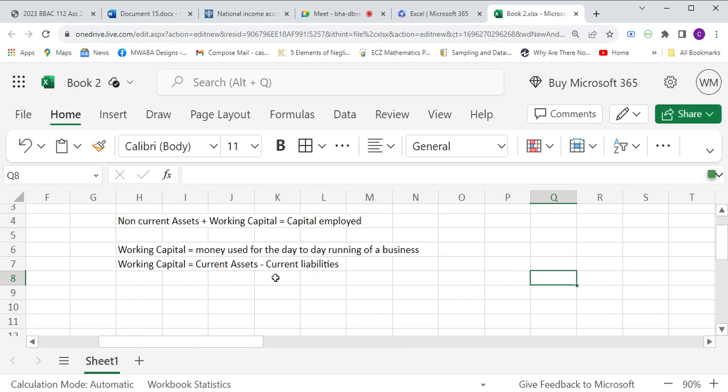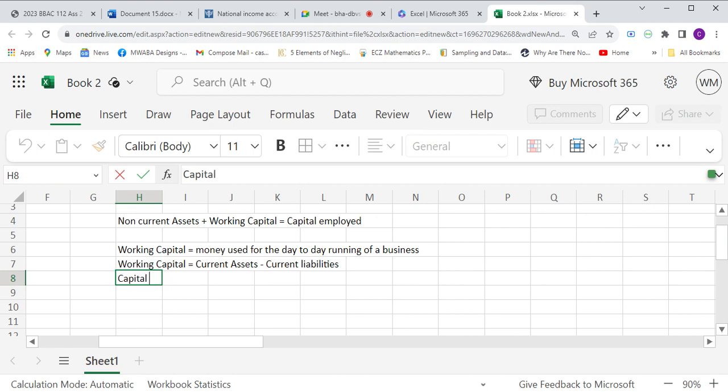All right. Then capital employed, so it's used by the business to generate profit.